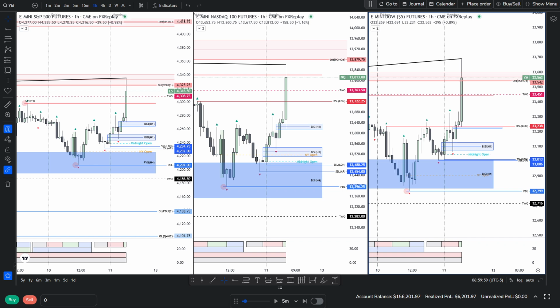So if we see this unconfirmed high time frame SMT hold and the market begins to support the idea of lower prices, so that's one.